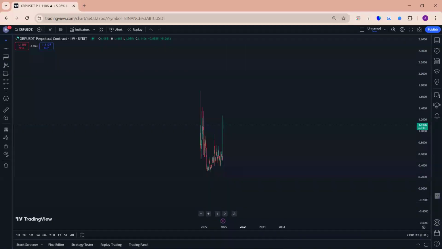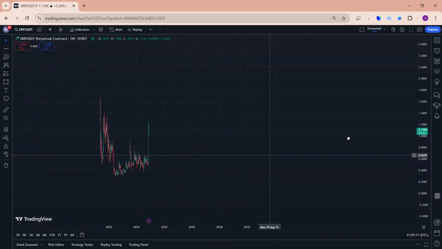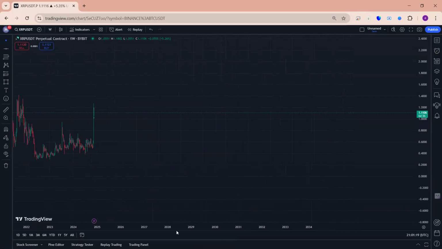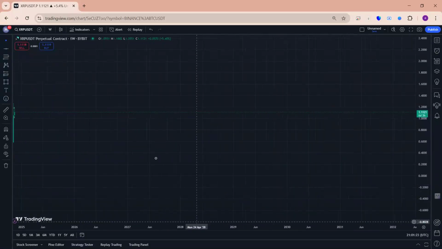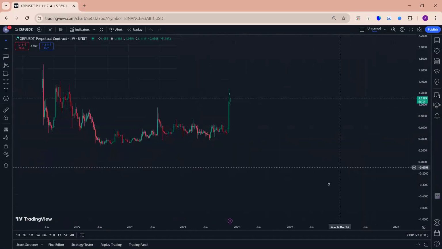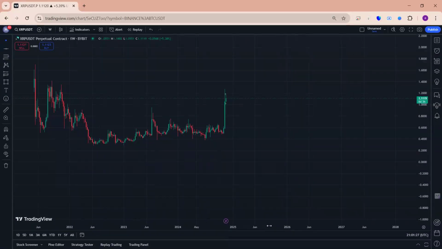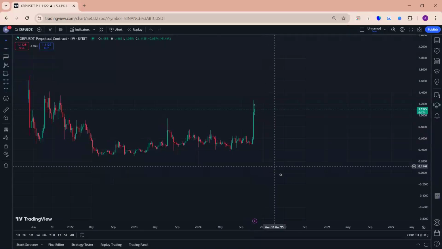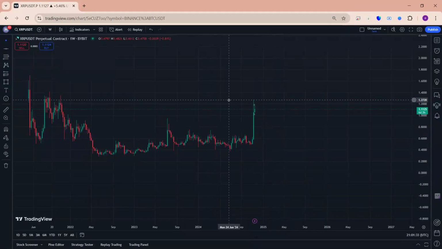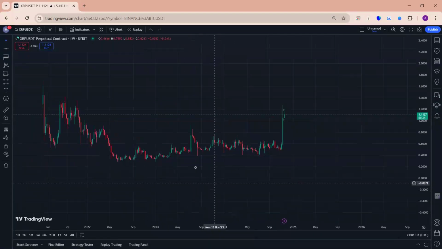So I'm gonna expand it. On a weekly time frame, over the years, take a look at this level.